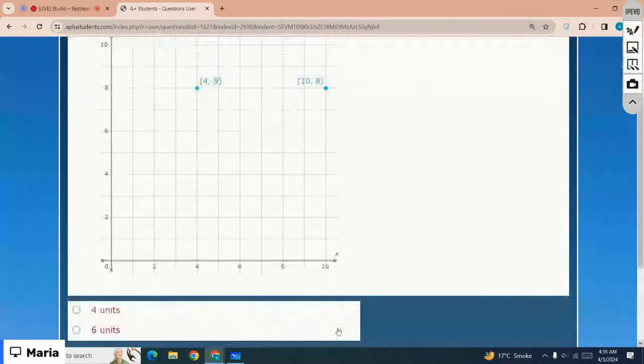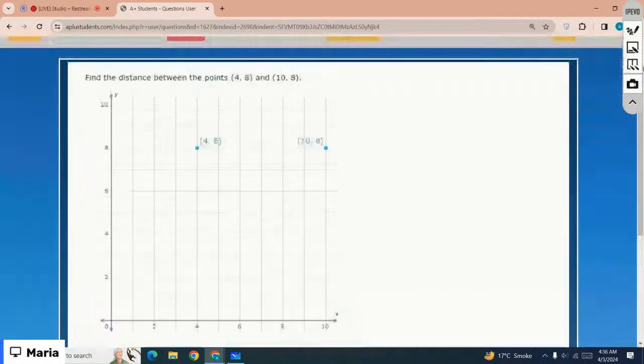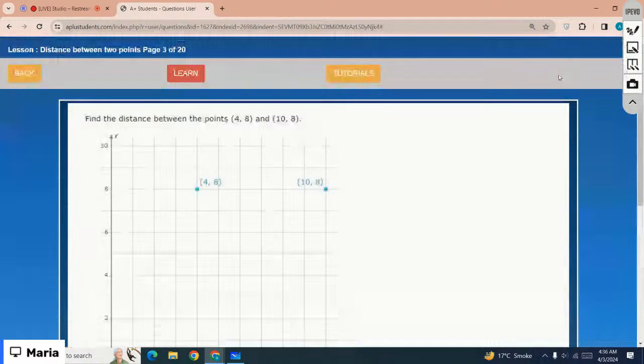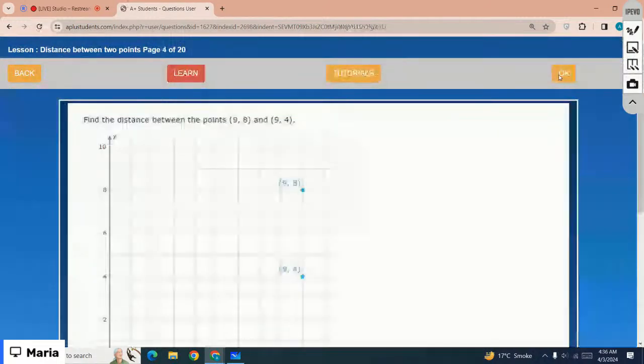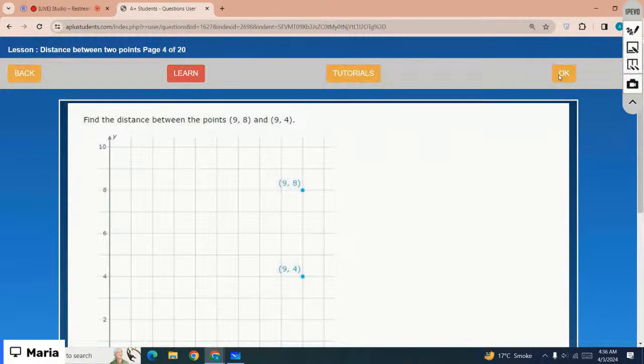So that means the distance between these 2 points is 6 units. Yes, the correct option is 6 units.